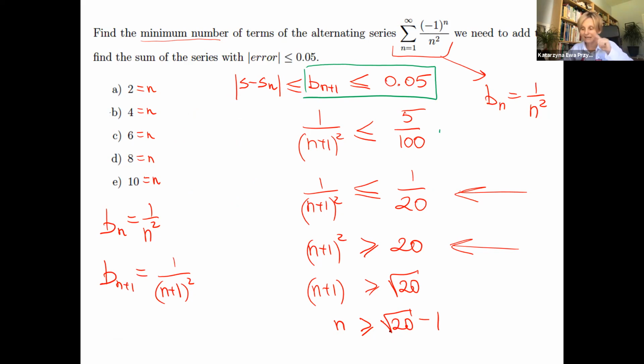We need the next integer. This is definitely more than 4, between 4 and 5, right? That means this number is between 4 and 5.